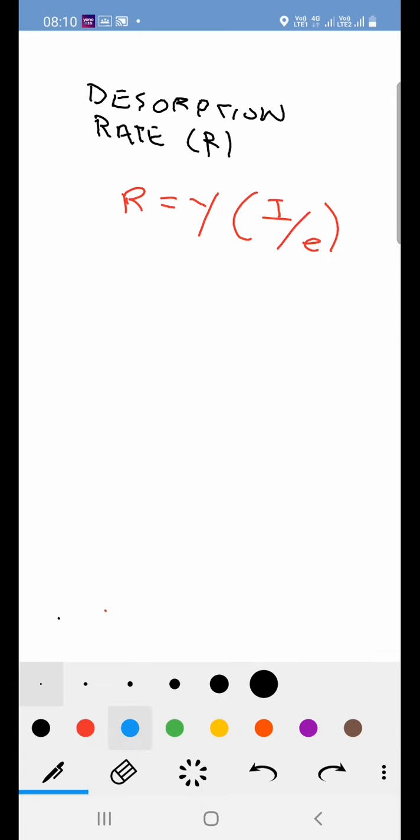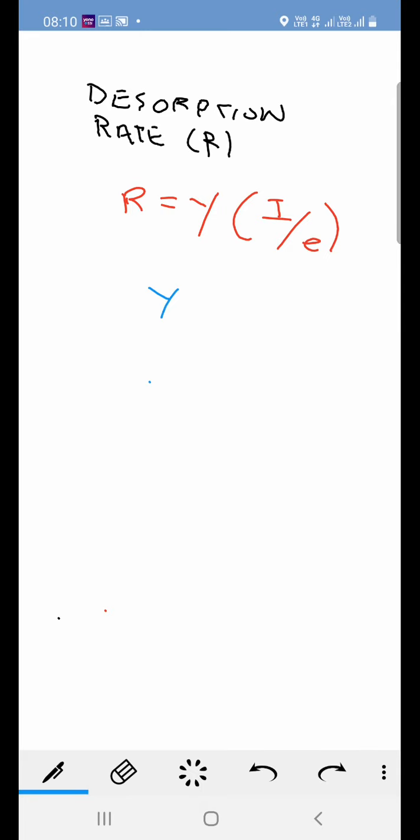And it is expressed as R, and R is simply equal to desorption yield into I by E. Now we know that Y is equal to ND by E by IT.